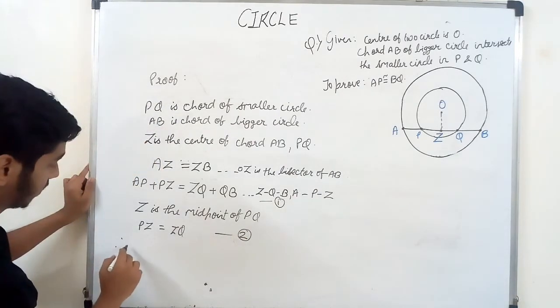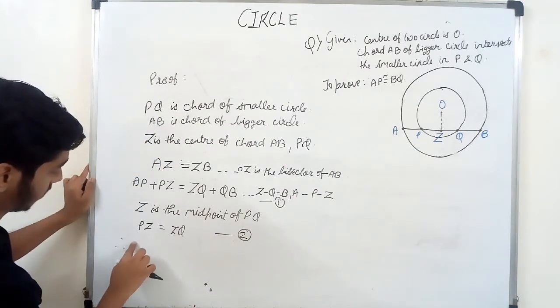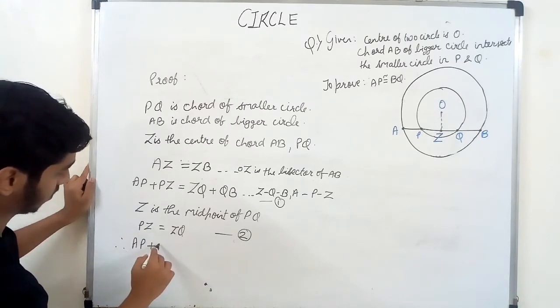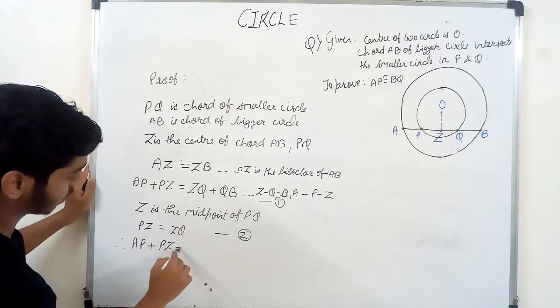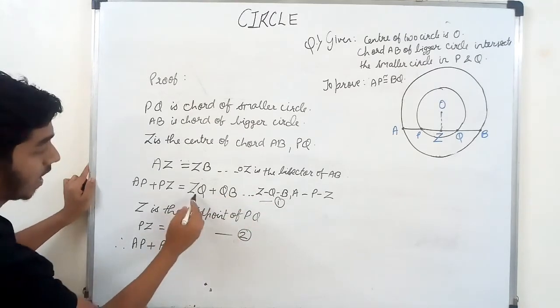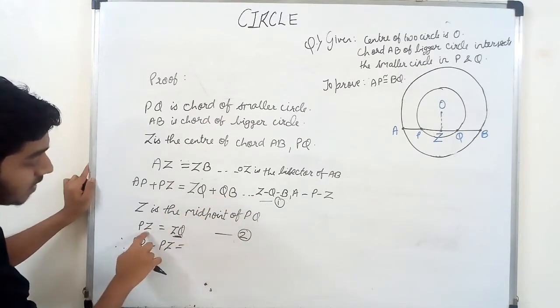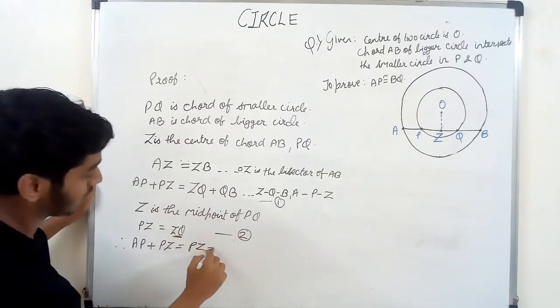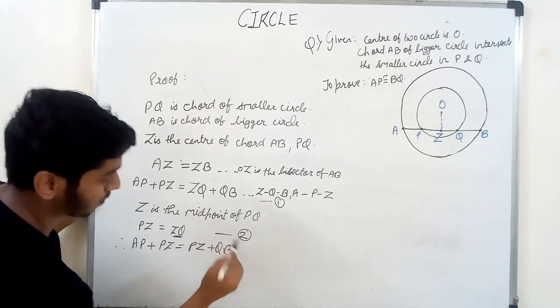So we can say AP plus PZ from the first, and ZQ can be written as PZ itself. Why? Because they both are congruent, plus QB.